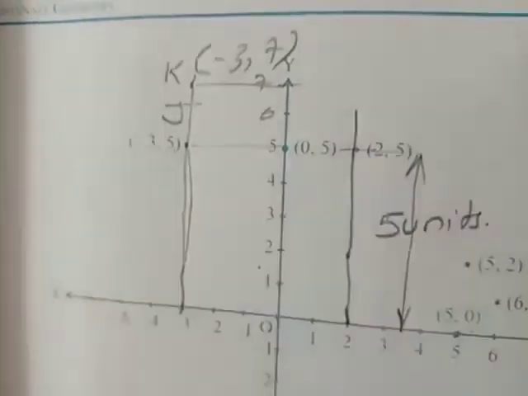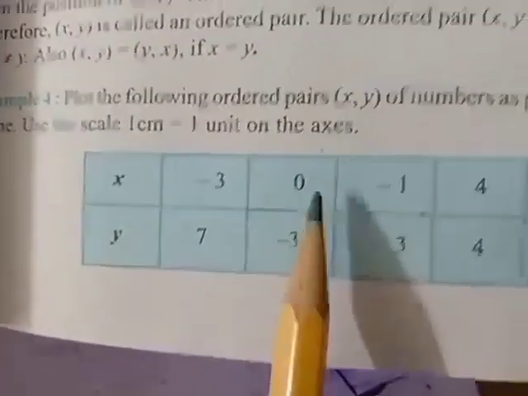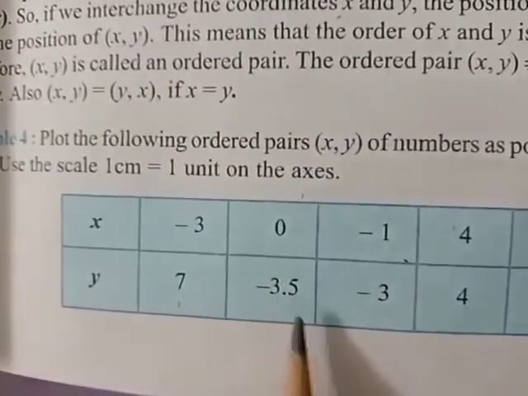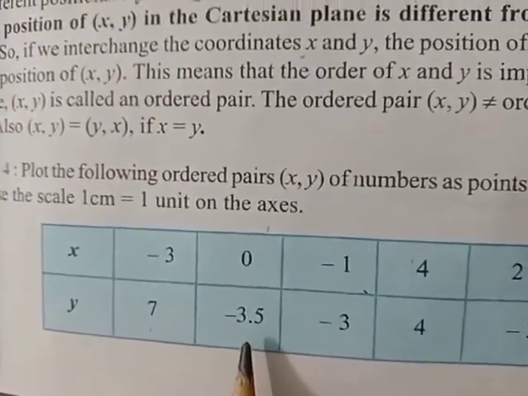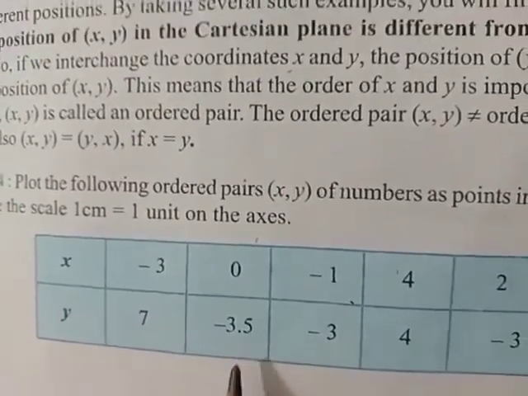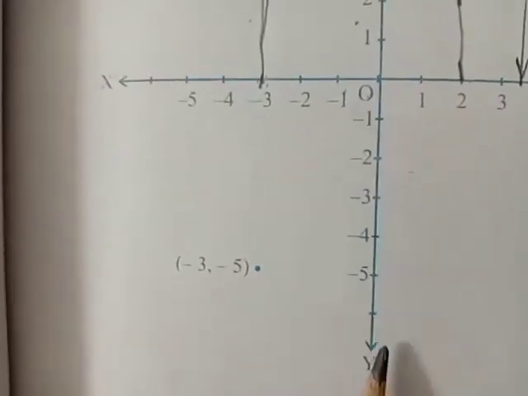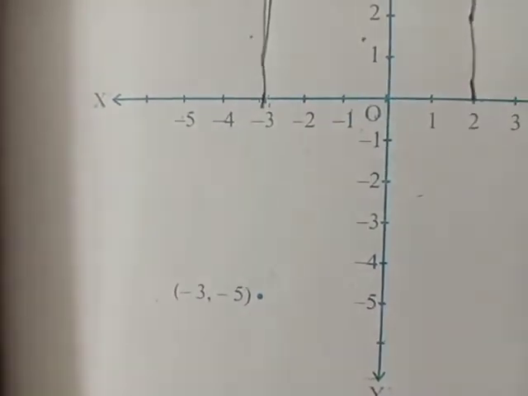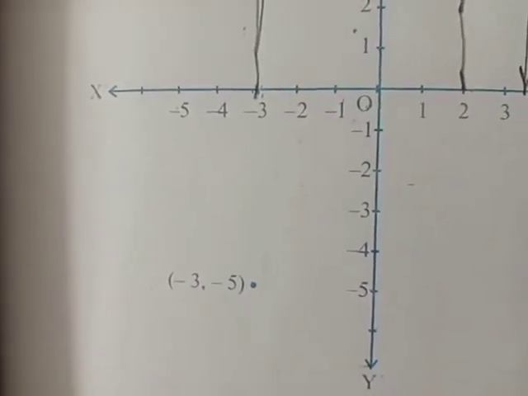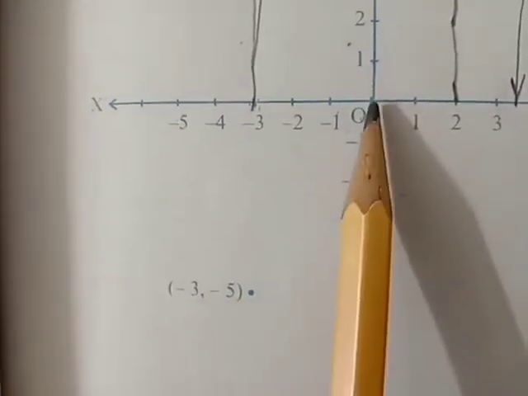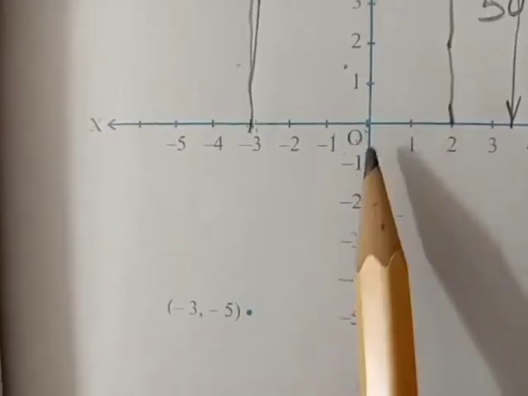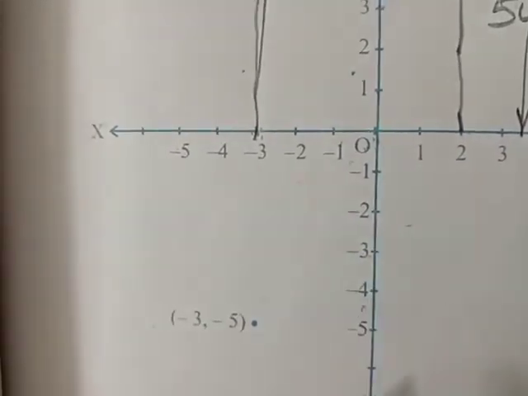Now the second one is (0, -3.5). The x ordinate is 0 and y is -3.5. The y ordinate minus means it is over here below this 0. And first x is 0, so you have to measure from the y-axis, so it is on the y-axis itself. And this is -3.5.